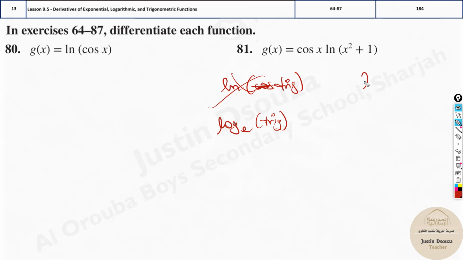For the calculator method, don't use ln when trigonometric functions are there. When it's multiplying with trigonometry, then it's fine. Over here, it doesn't matter. But when you have ln inside a trig function, we just use log base e, because ln is equal to log base e. The logarithm with the base e is the natural logarithm, isn't it? So this is what we will do. Now we will do both the ways and check.